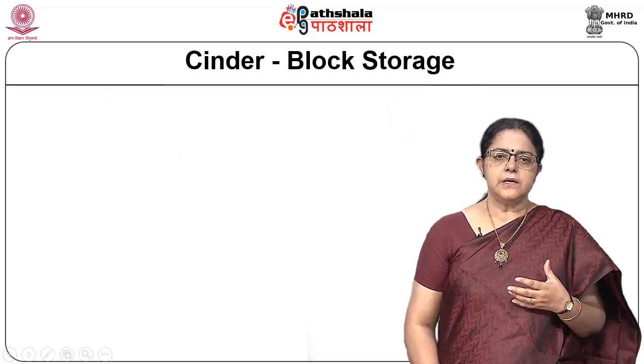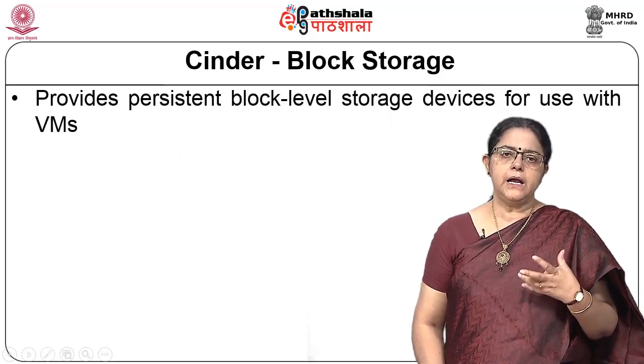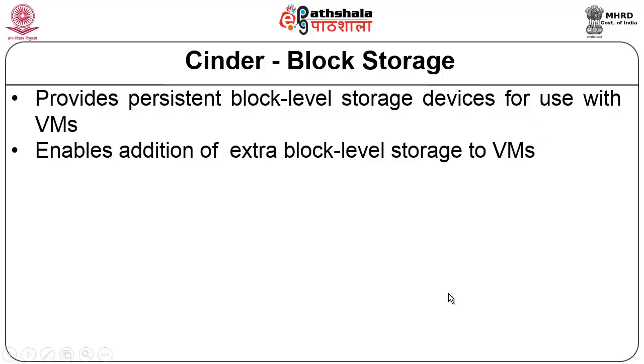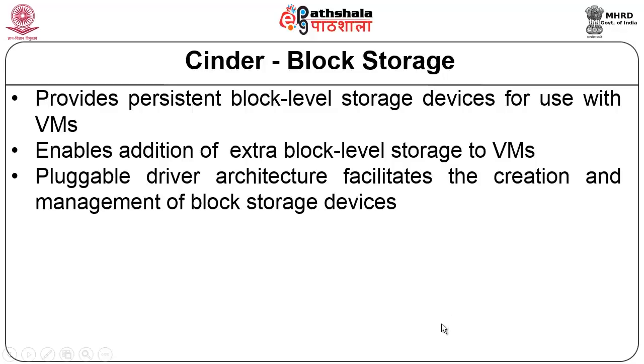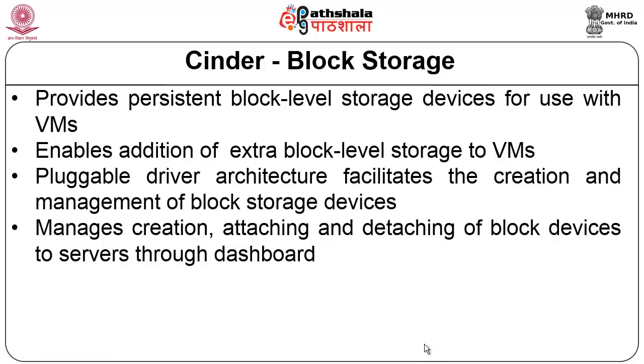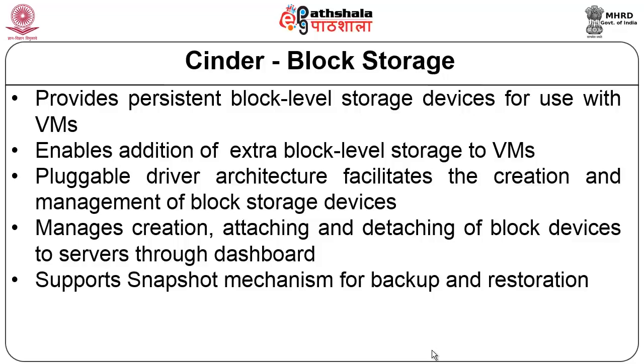Then Cinder, which is the block storage, when a particular application wants to perform a data sensitive operation, then we can have additional block level storages connected to the VM through this particular service called Cinder. This is a pluggable architecture where external storage devices can be plugged in and can be used in terms of block level storage.